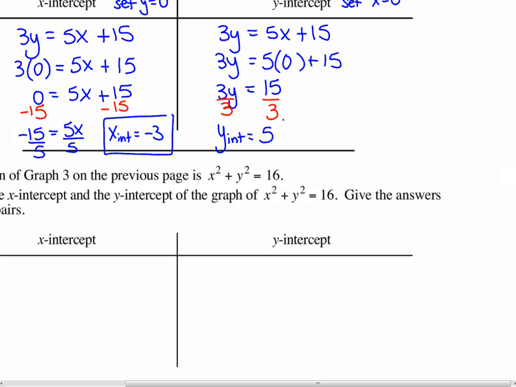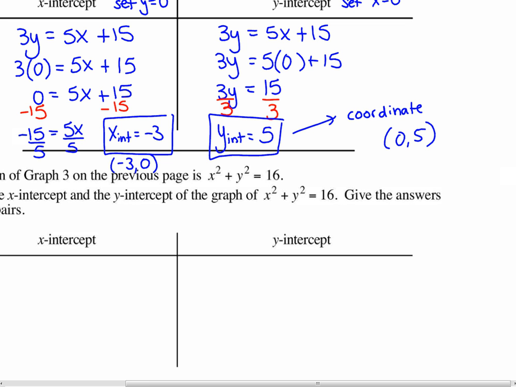If I asked for the coordinate, what would be the coordinate? 0, 5. X is 0, y is 5. Okay, that would be the coordinate. If I asked the coordinate of the x-intercept, what would it be? Negative 3, 0, because x is negative 3, y is 0. With y-intercept, x is 0, y is 5.